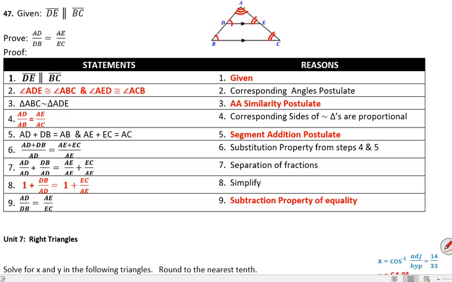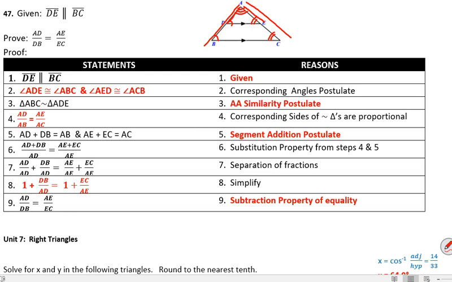Then we can say AD over AB is equal to AE over AC because corresponding sides are proportional. So again, we're talking about AD over AB, a side of the little triangle over a side of the big triangle, and a side of the little triangle over the side of the big triangle. Then we can say by the segment addition postulate that AD plus DB is equal to AB. We know that.